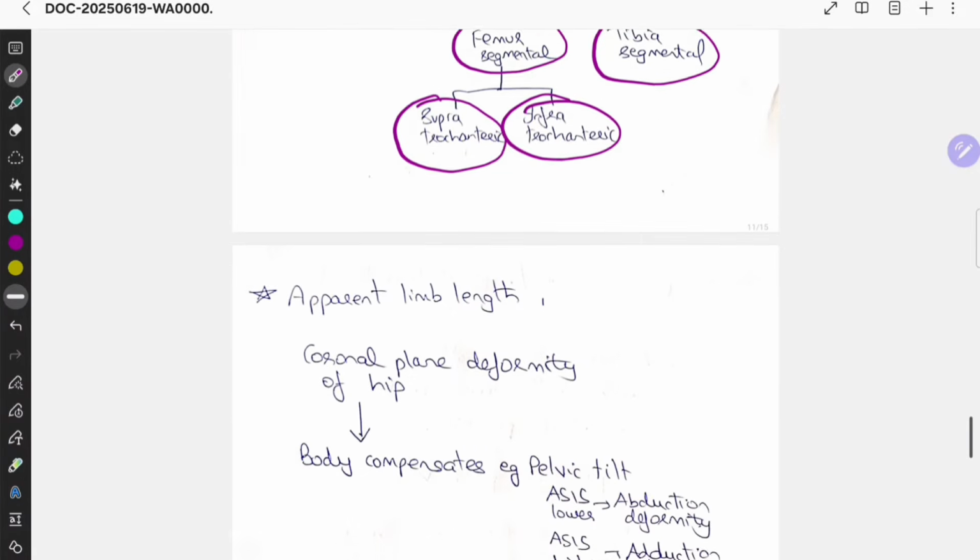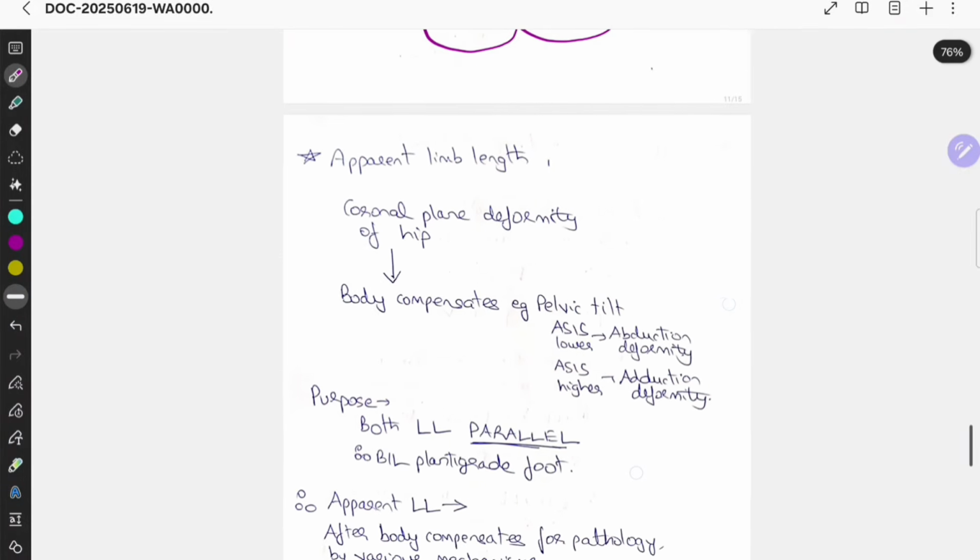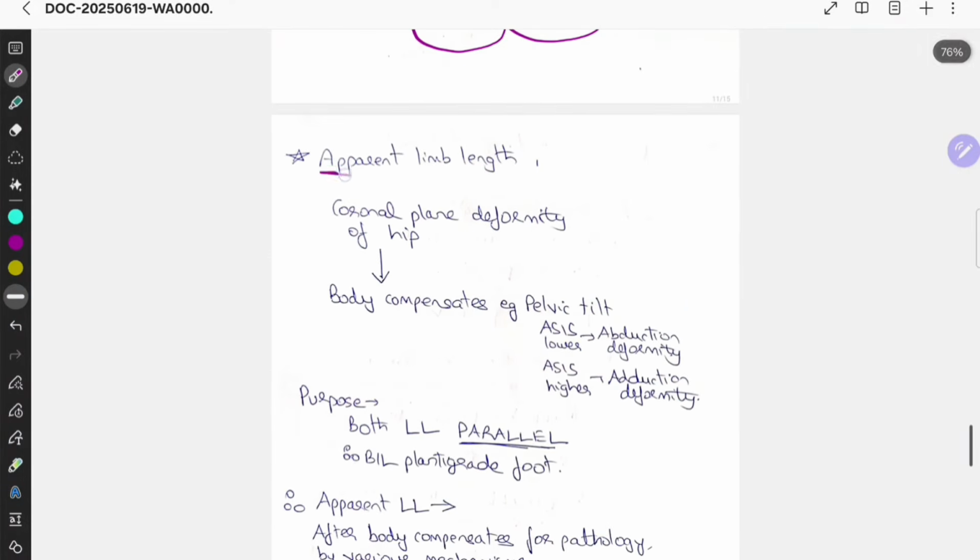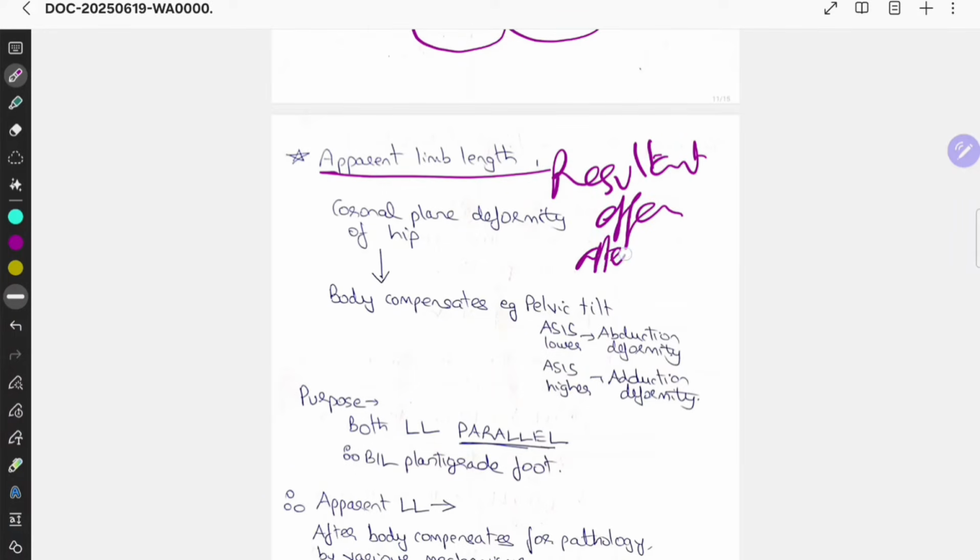Now, the further more interesting part is the apparent limb length. So what does apparent limb length indicate? It is the final resultant effect after the compensation. The basic crux is this. Let's suppose there is coronal plane deformity of the hip. The body compensates by pelvic tilt.